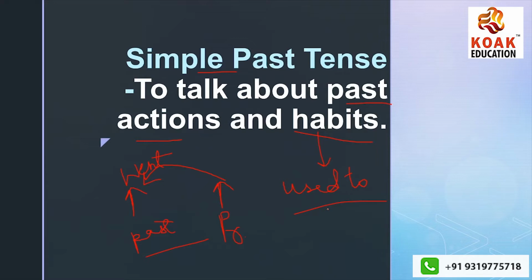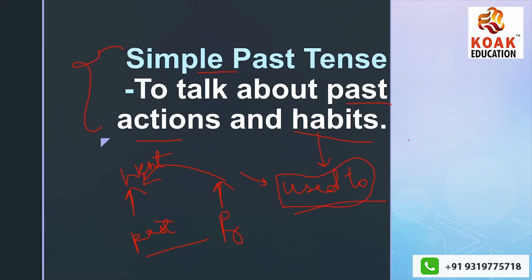Or my brother was a rash driver when he was young. So when I say was, again that's simple past. When I say used to, that is telling us about his habit, a past habit. So this is the gist of what we are going to discuss today, that is past actions and habits using proper examples and structures.